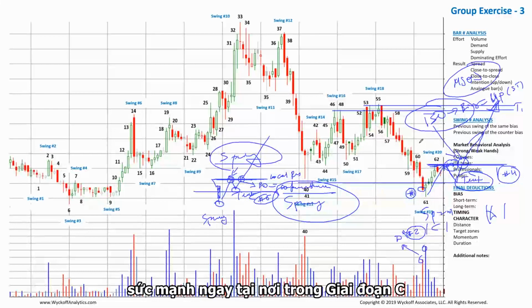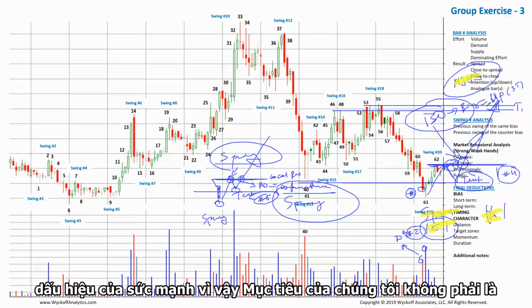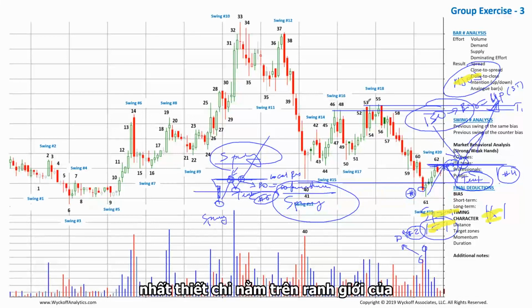Because if we're in phase C on a spring, then the next thing that's going to happen is phase D and a major sign of strength. So our target is not necessarily just on the boundaries of the resistance here of 46, 48, 53, 55.